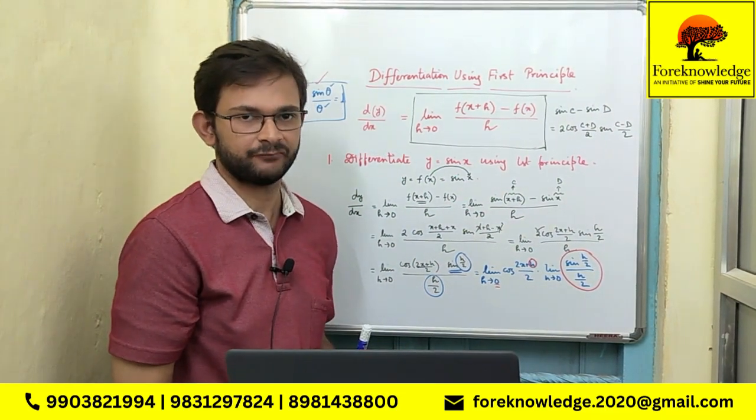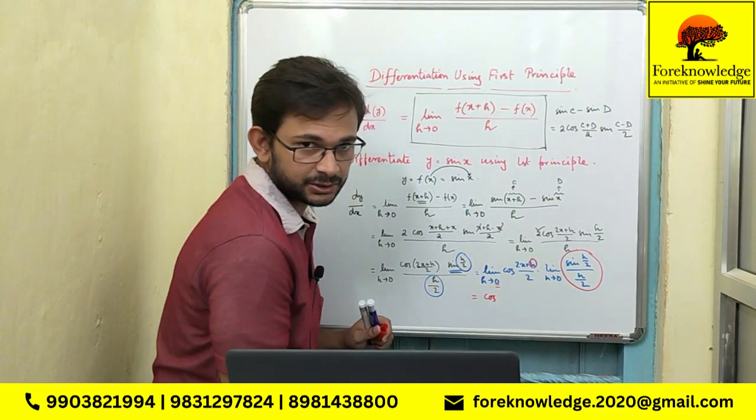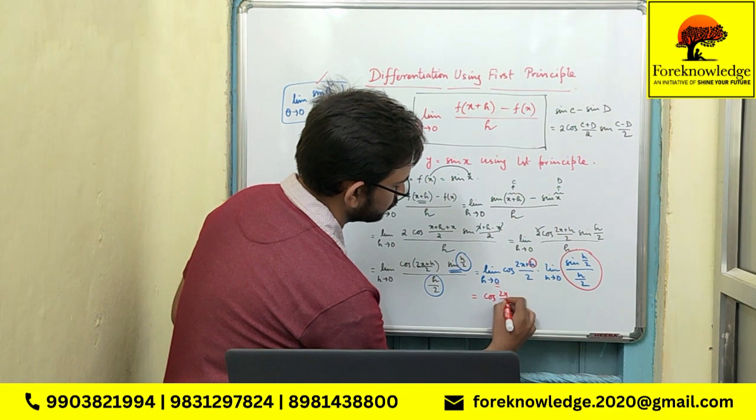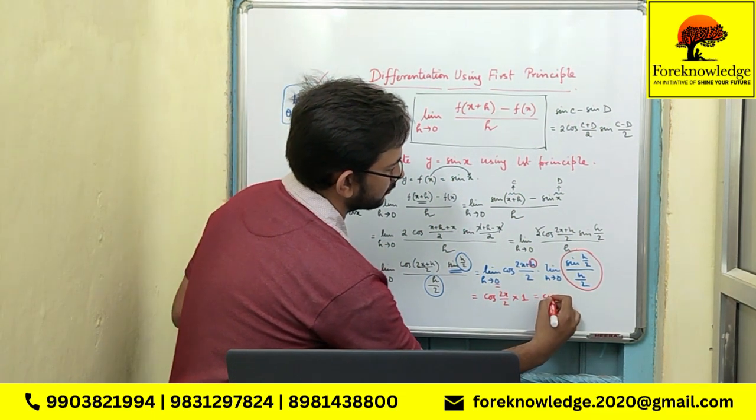So cos (2x plus 0)/2, that is cos x, into 1, that is cos x.